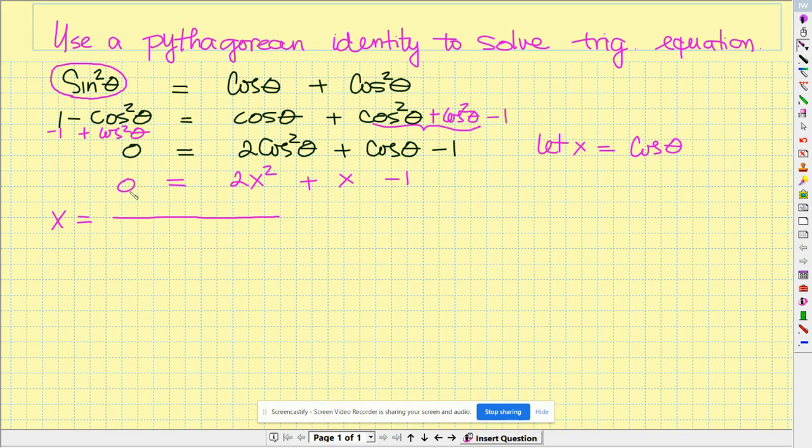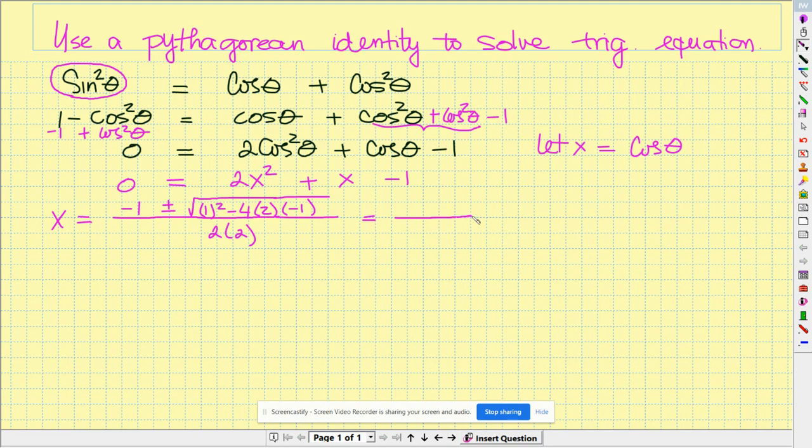Therefore, we have our A is 2, our B is 1, and our C is -1. So in this case it will be negative B plus or minus the square root of B squared minus 4AC, all divided by 2A.